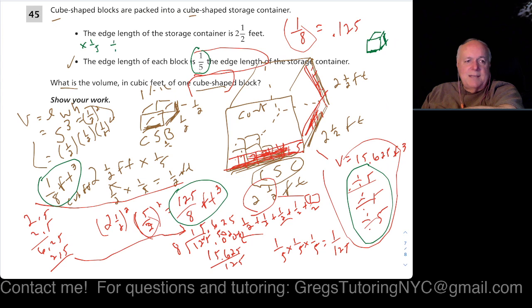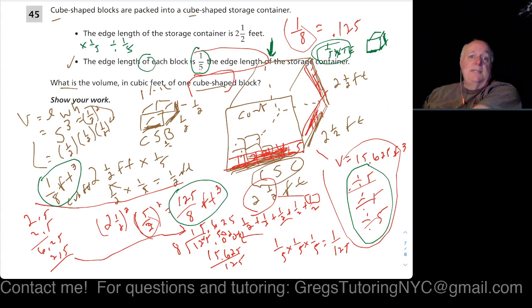But it says "of", and that's important right there. If it's 1/5 of the edge, it's 1/5 times the edge. This does not mean the edge divided by 1/5. This is the edge times 1/5.